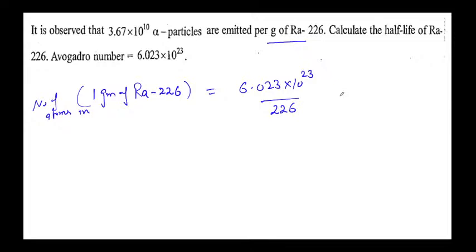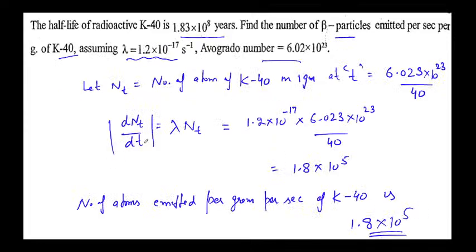Of these, 3.67 into 10 to the power 10 alpha particles are being disintegrated. So the decay constant lambda is equal to dN over dt over Nt.